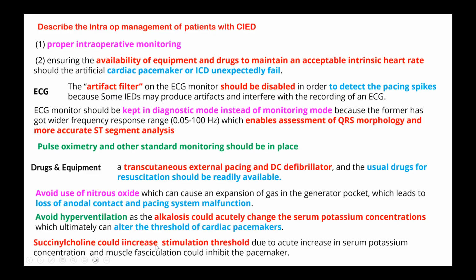And succinylcholine can increase the stimulation threshold due to an acute increase in serum potassium, and muscle fasciculation can also inhibit the pacemaker. So the two reasons why you should avoid succinylcholine are that it will cause hyperkalemia, which will interfere with cardiac activity, and the second is muscle fasciculation, which will inhibit the pacemaker.